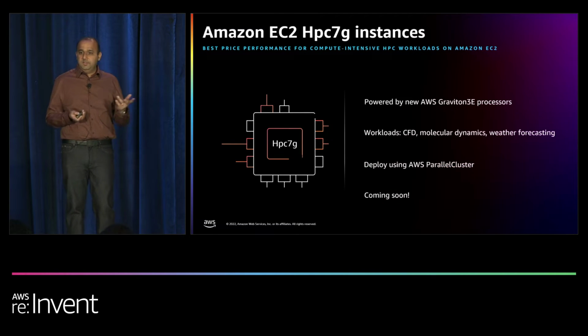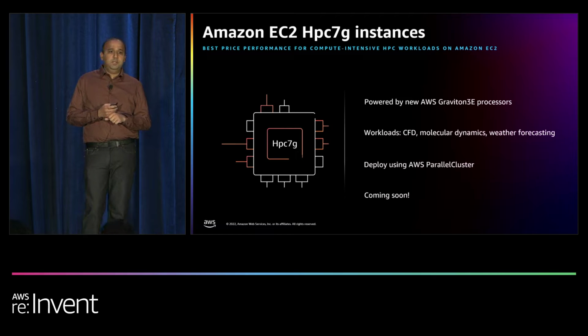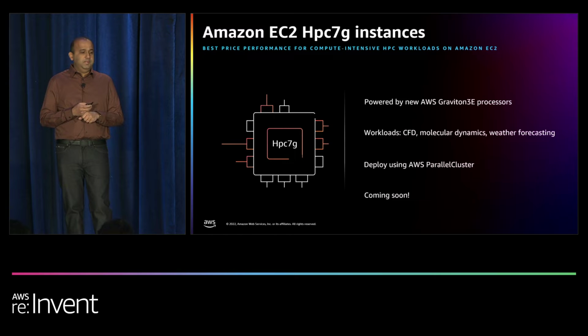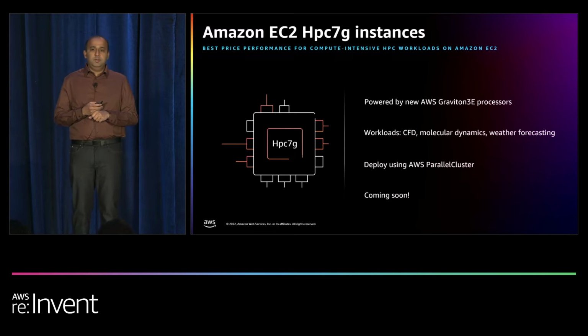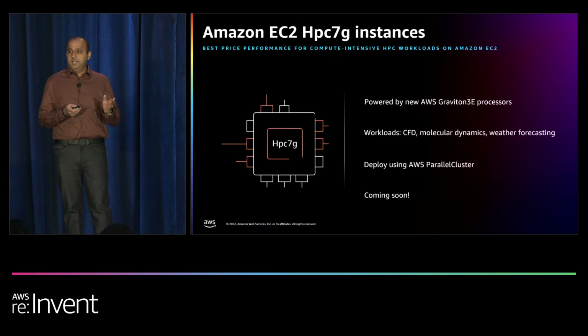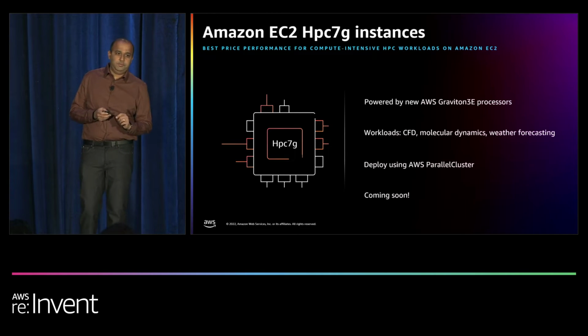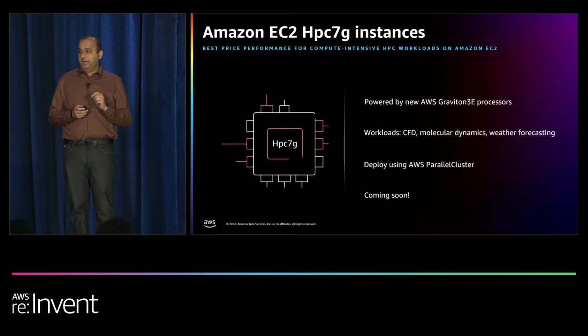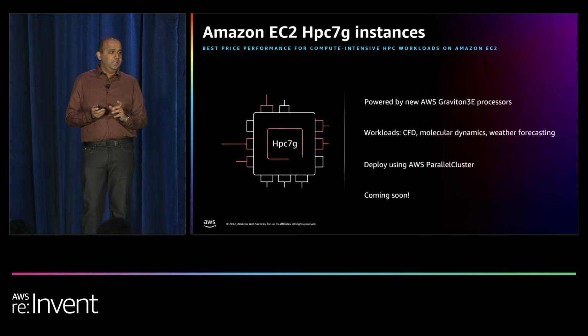The second instance on Graviton-based that was announced is the Hpc7g instance. This is optimized for tightly coupled HPC workloads that are compute intensive, and they're powered by new Graviton3 processors. And Graviton3 delivers up to 35% higher vector performance compared to Graviton2.